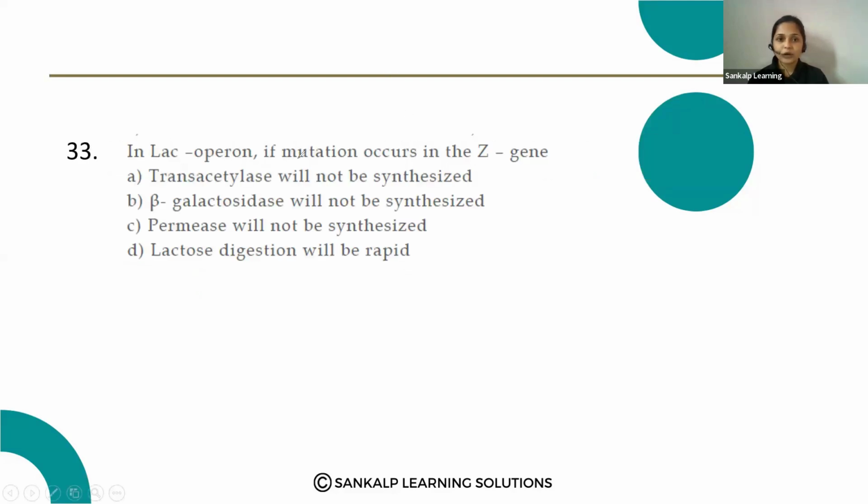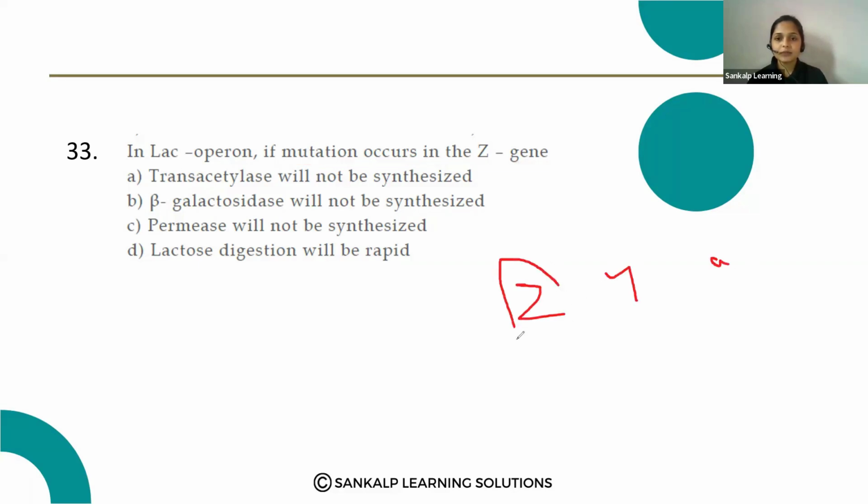In lac operon, if mutation occurs in the Z gene: trans acetylase will not be synthesized, beta galactosidase will not be synthesized, permease will not be synthesized, lactose digestion will be rapid. Here, in a lac operon, Z, Y, A are the structural genes.